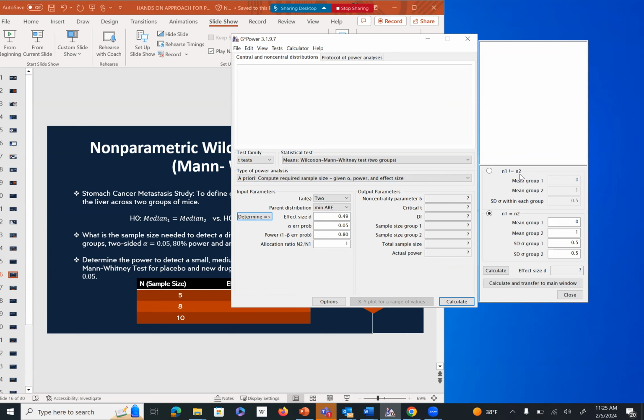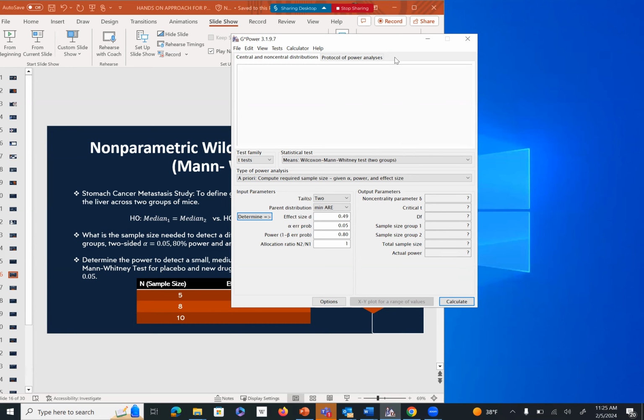If there's a previous paper that has been published and they've provided the mean and standard deviations of mice in group 1 and mice in group 2, you can use that reference to calculate your effect size and then calculate your power analysis based off of your study research question of interest.